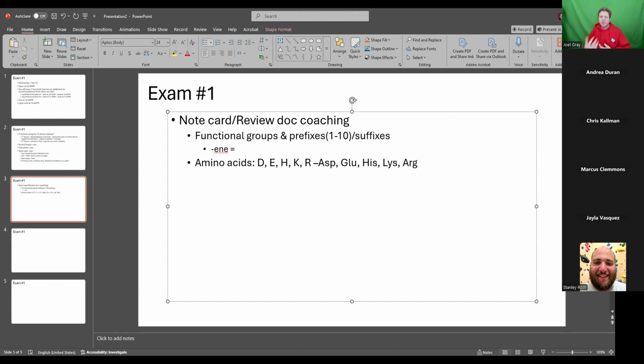So that gives me my one letter and my three letter codes of these different amino acids. Then I would think about what those different groups are. And I'd include things like, okay, well, this is negative. This is negative. Histidine is positive. Lysine is positive. And then arginine is also positive.